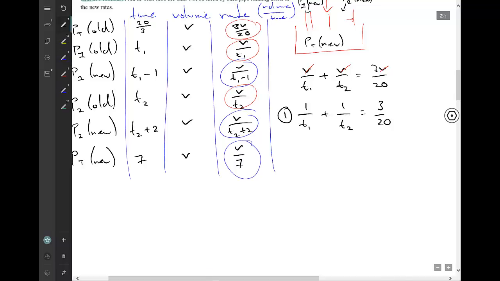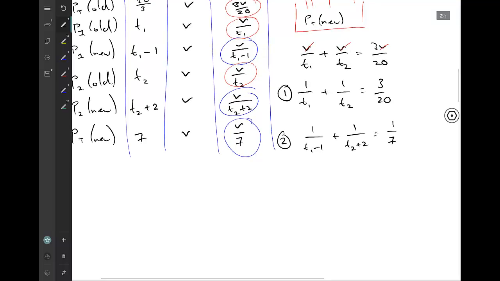So equation 2 is going to be, for the same reason, I can disregard the V as I did in the first one. So I end up with 1 on T1 minus 1 plus 1 on T2 plus 2 equals 1 on 7. Cool. So now I'm really happy because I've got two equations and two unknowns, so it's just a matter of solving.